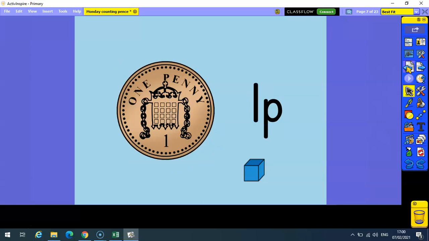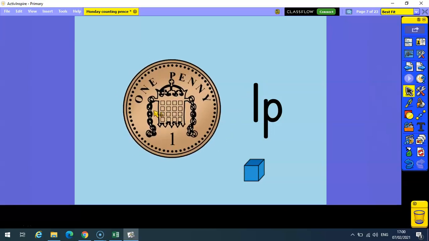But something else is really interesting about the 1p and the 2p: the material that they're made out of is copper. Now, copper is not worth as much as silver and gold. So it's a clue to us, this is a small amount of money, it's copper.